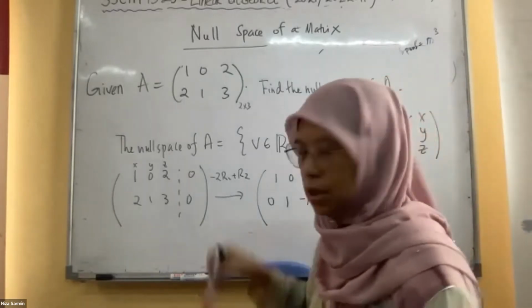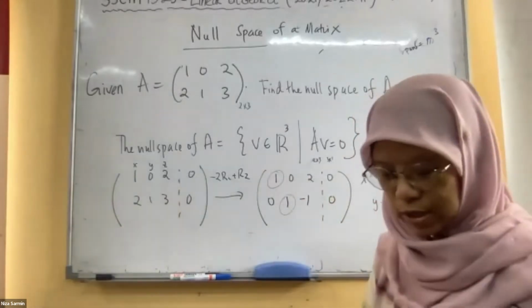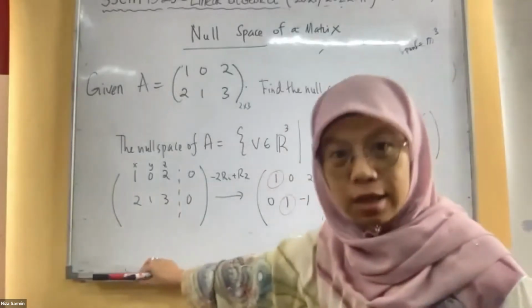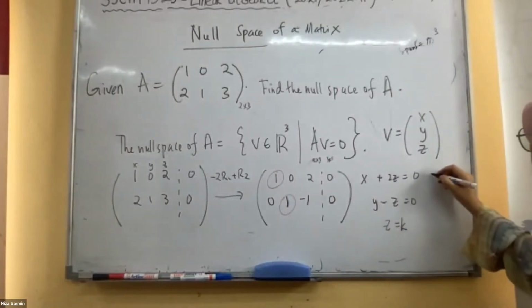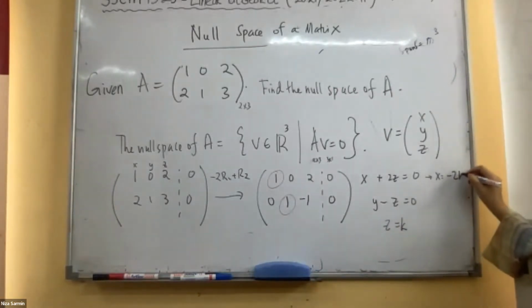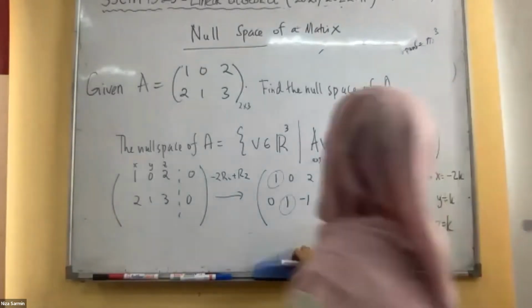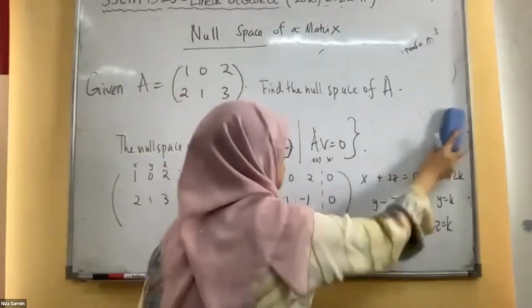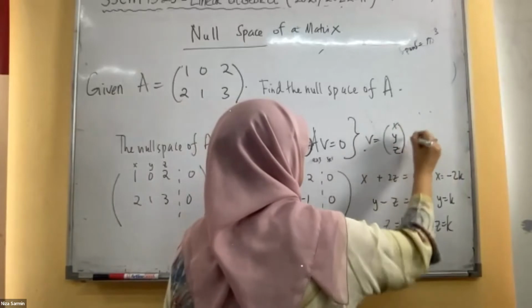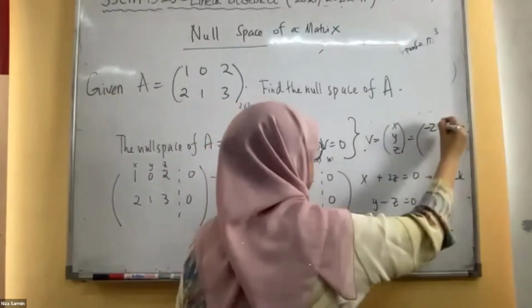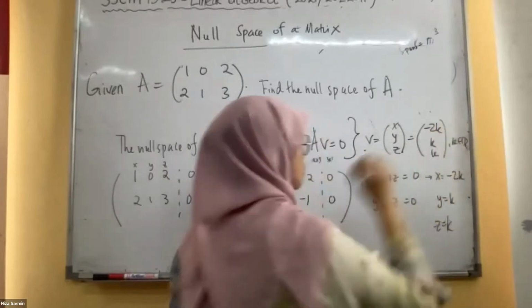Remember we have the leading ones, so x and y are not free, z is free. Let z be k, so x is negative 2k, y is k, z is k. Now your V is equal to negative 2k, k, k in R.